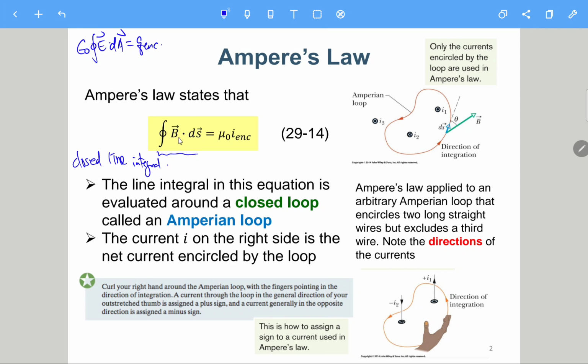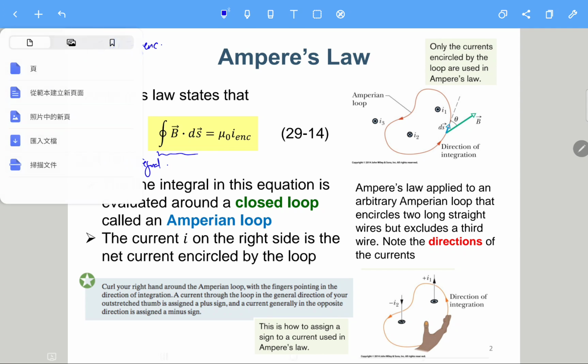Now we have the line integral on the left side, and then mu0 I enclosed on the right side. Here we have Q enclosed. Usually in equations related to electrostatics we have epsilon naught, and for the corresponding equation for the magnetic field, you usually replace epsilon naught by 1 over mu naught. So here you can see epsilon naught on the left side and mu0 on the right side. It is somewhat like 1 over mu naught if you divide by mu naught on both sides.